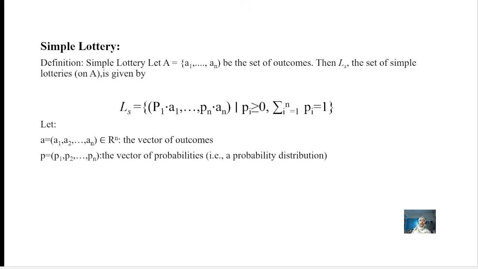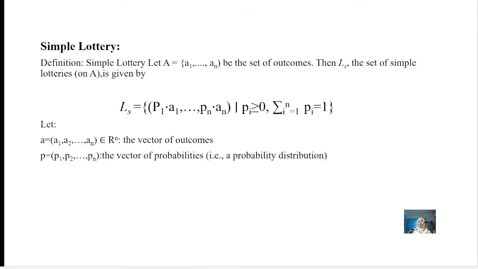Now we can see simple lotteries. Here let A be the set of outcomes and L the set of simple lotteries. Here A contains A1 up to An, and L contains P1 vector multiplication with A1 up to Pn vector multiplication with An.